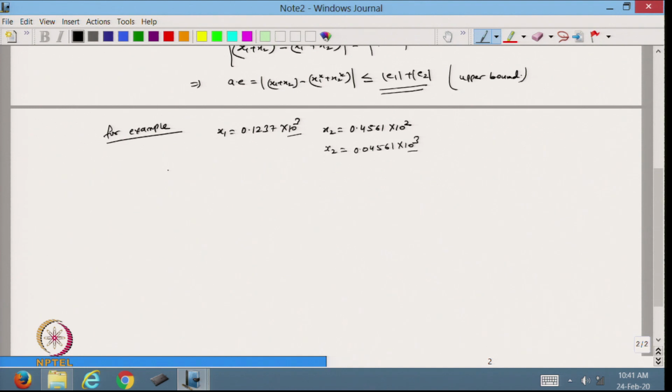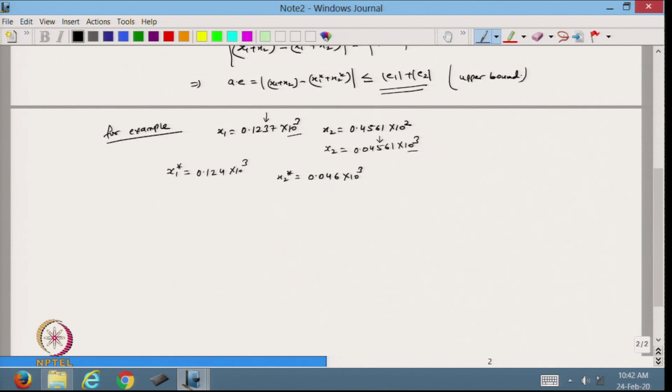Now suppose I take the approximate value x1 star, rounding off this number at the third place, and similarly I round off x2 at the third place. Then I get x1 star as 0.124 into 10 raised to the power 3, and x2 star is 0.046 into 10 raised to the power 3.